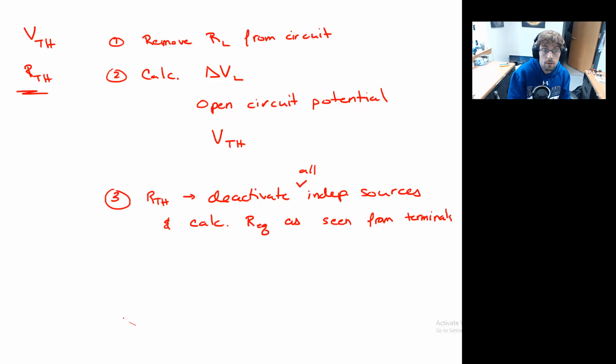That equivalent resistance will be your Thevenin resistance. You should also note that this step 3 doesn't work if you have dependent supplies. Notice I said independent sources. So this will not work if you have dependent supplies.